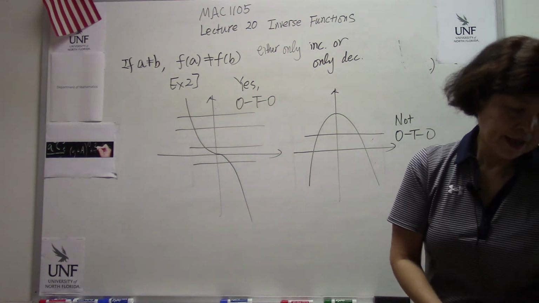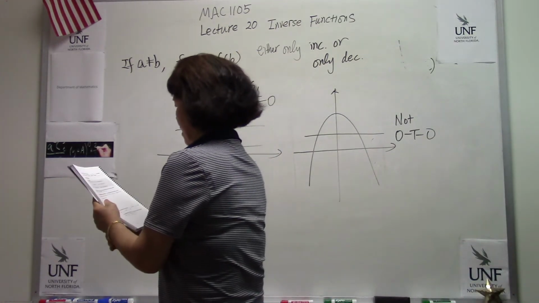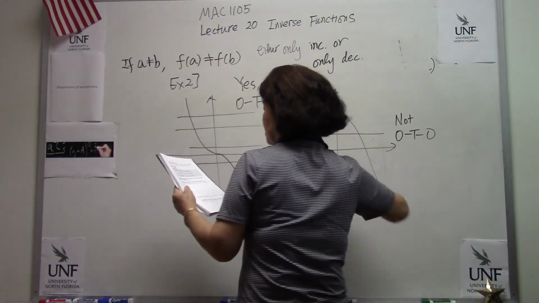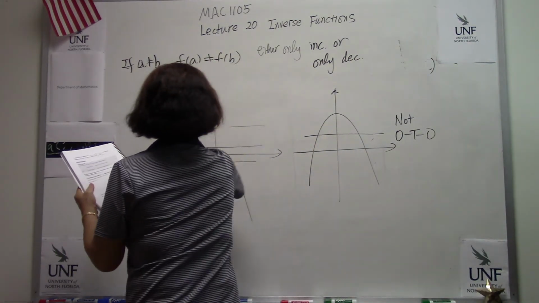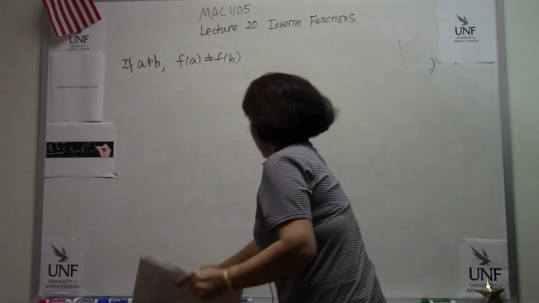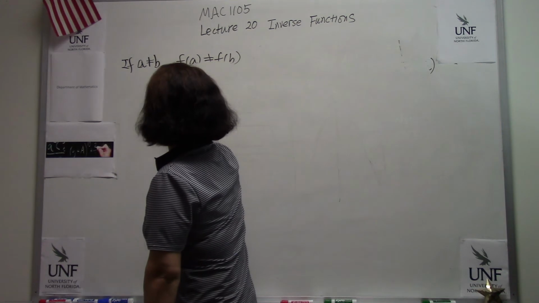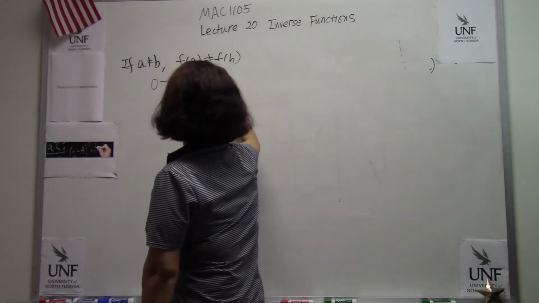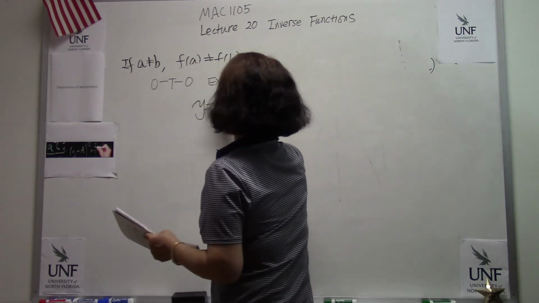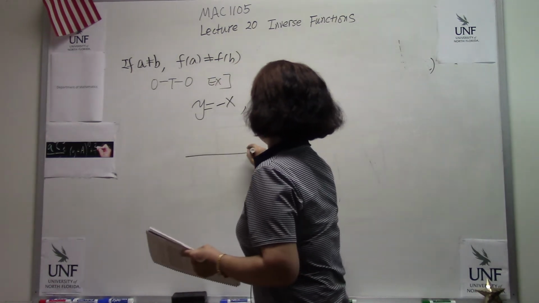The next one is, so in general, the one-to-one function examples: y equals negative x, yeah, the graph is this.